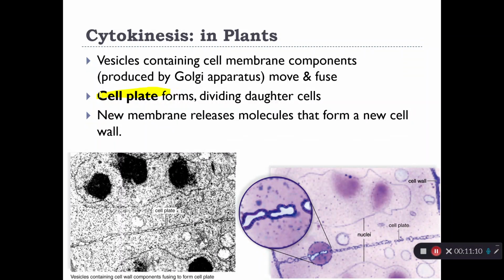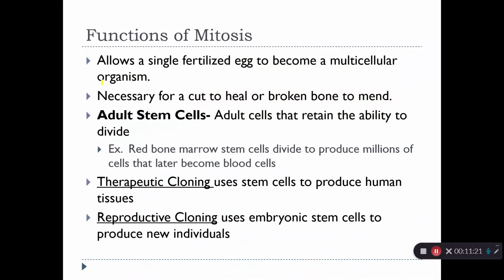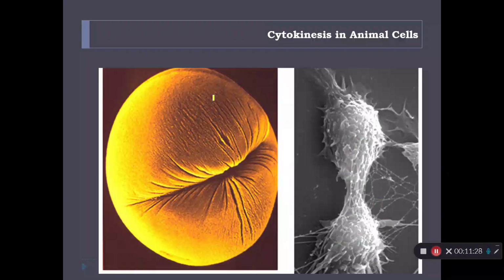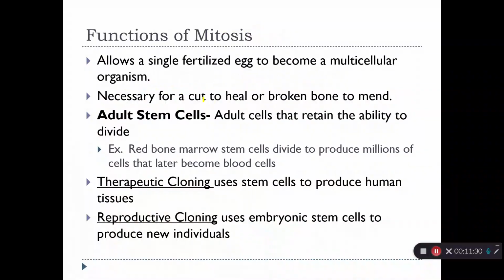Vesicles containing cell membrane components produced by the Golgi move and fuse to form a cell plate. That's a cell plate, make sure you know, is only in plants. Cell plate is in plants. That's because of the cell wall.